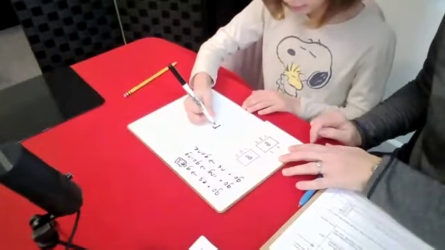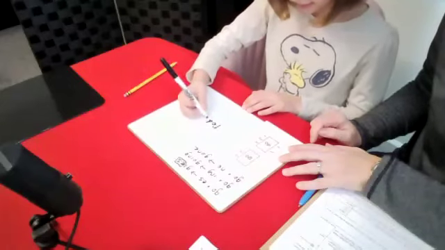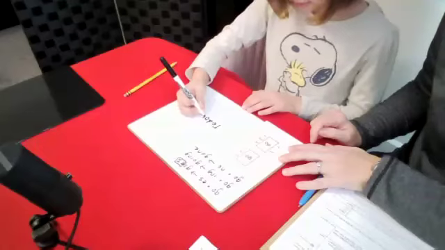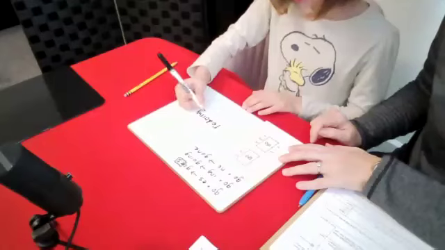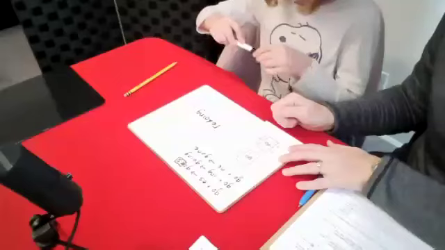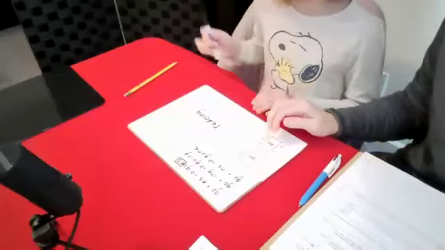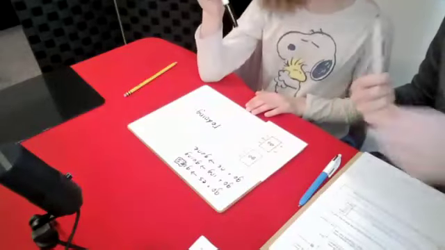R-E, D, O, I-N-G. Good. Excellent. This is what word? Redoing. Good. You're already redoing it. Like I'm redoing my homework. I'm doing it again and again.